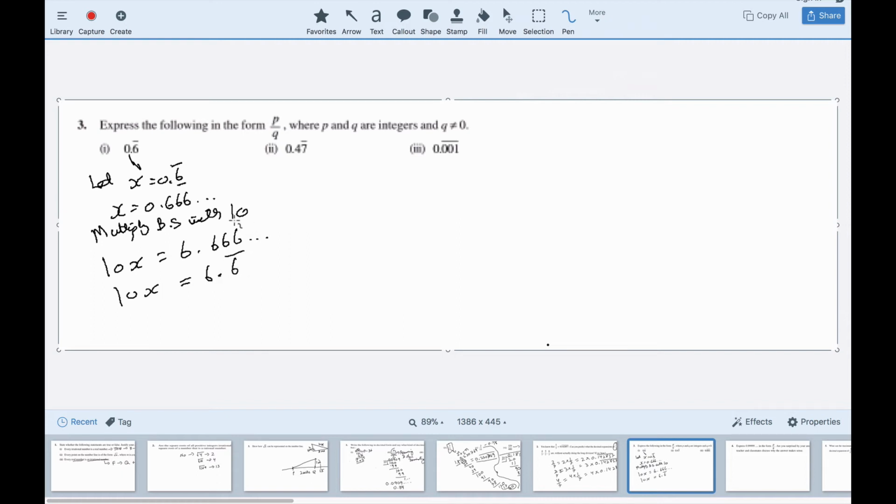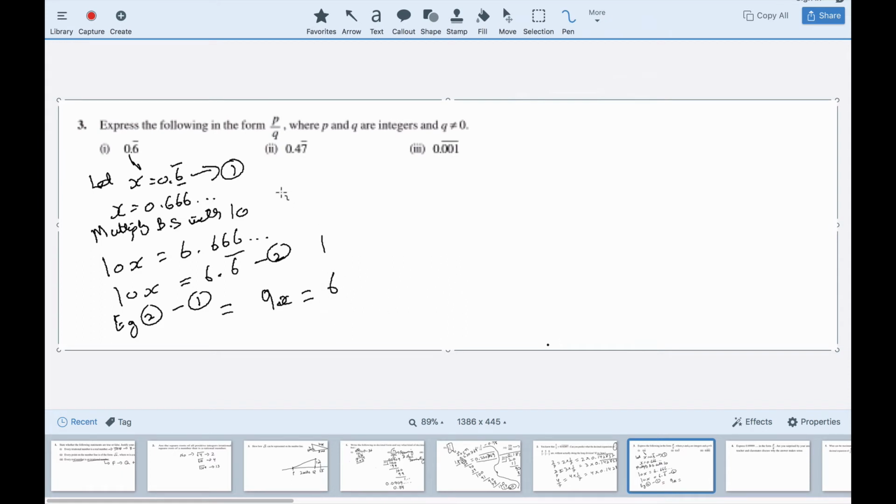Now we simply subtract equation 1 from equation 2. So equation 2 minus equation 1, which gives me 9x is equal to 6.